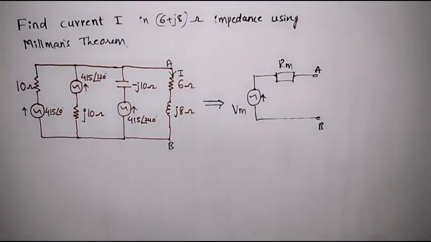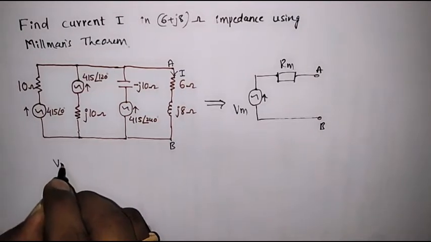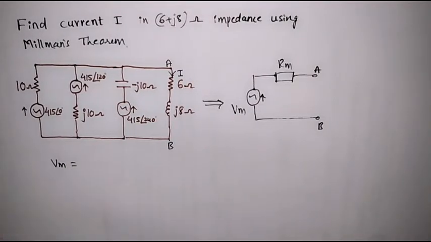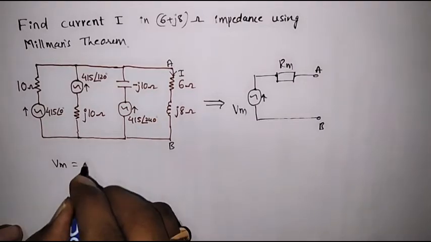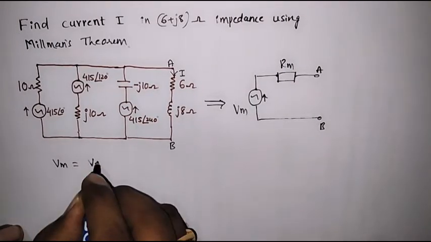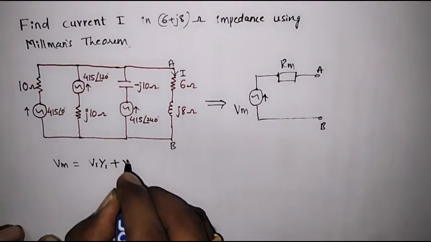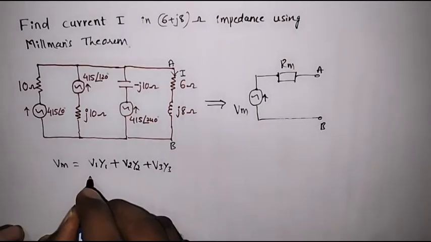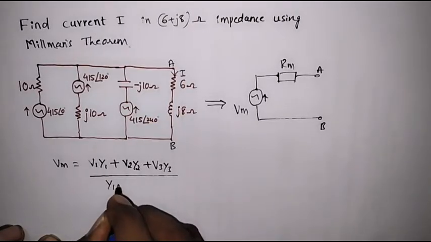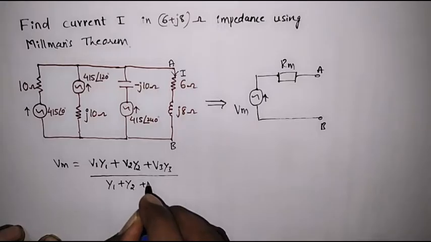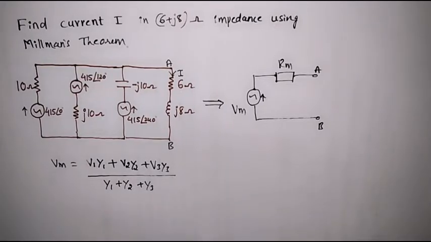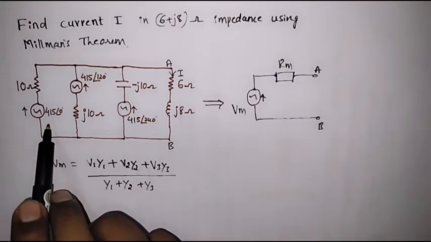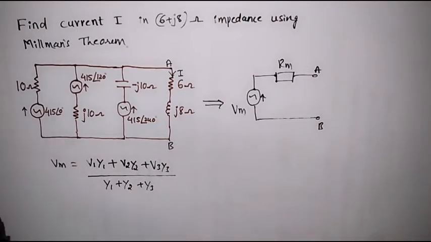Let's see how to calculate Millman's voltage Vm. Millman's voltage is calculated using the formula Vm is equal to V1Y1 plus V2Y2 plus V3Y3 whole divided by Y1 plus Y2 plus Y3. Here V1 is voltage in the first branch, that is 415 angle 0.